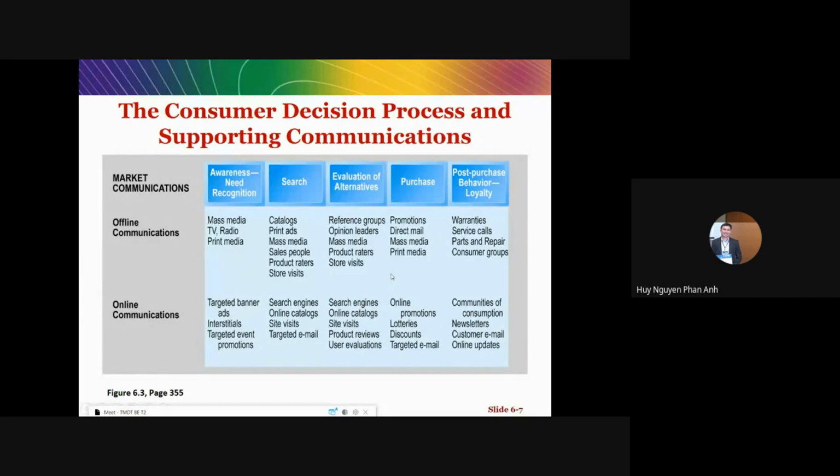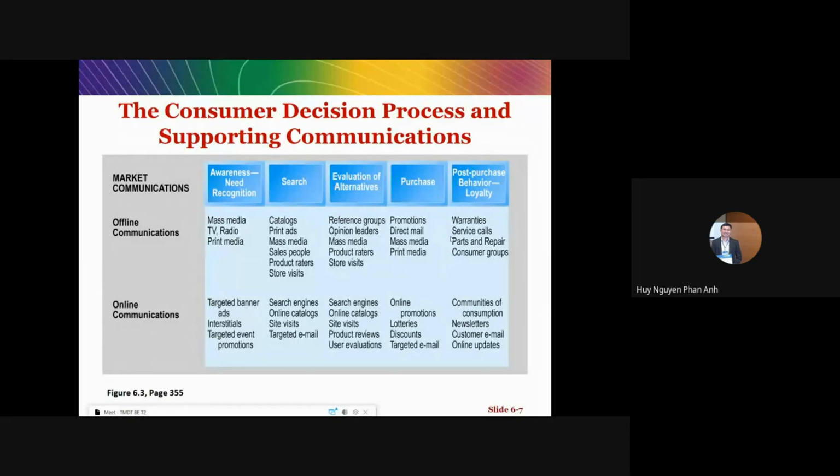So how to evaluate? Maybe they will check the reviews on YouTube or from the KOL or even from their friends or their colleagues, etc. Or some sites make reviews or comparisons as well. Then they can make their decision on which alternative to buy.